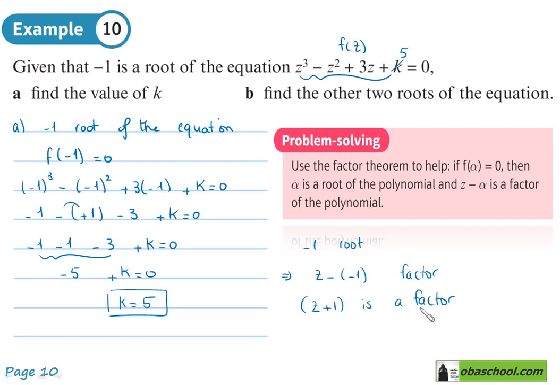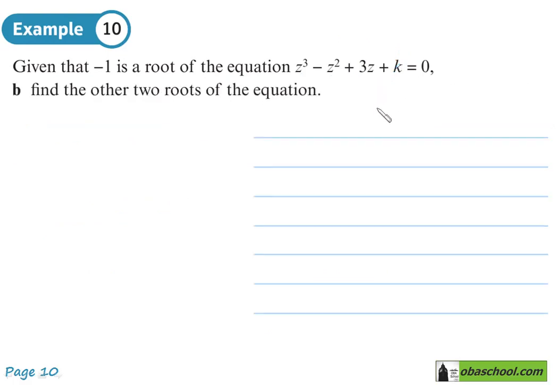The meaning of a factor is that the polynomial is divisible by z plus 1. If we divide this f of z by z plus 1, we obtain a remainder of 0. So we are going to use this factor in order to solve and find the other roots of the cubic equation. As we said, in the polynomial we are going to substitute the value of k to be equal to 5.